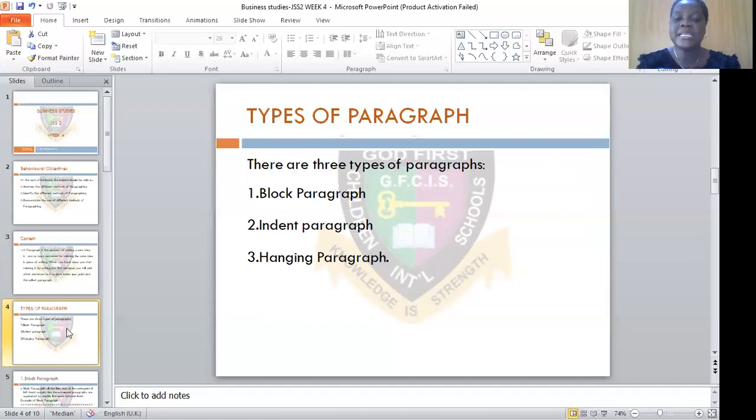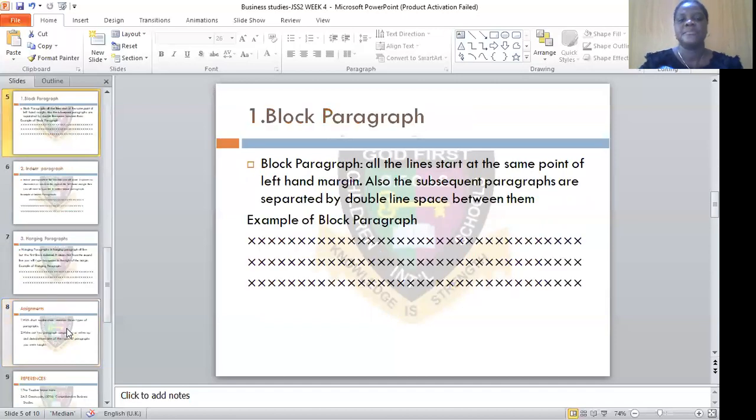And the third one is hanging paragraph. Those are the 3 types of paragraphs that we are going to treat, and we'll be treating them one after the other. Let's look at the block paragraph.